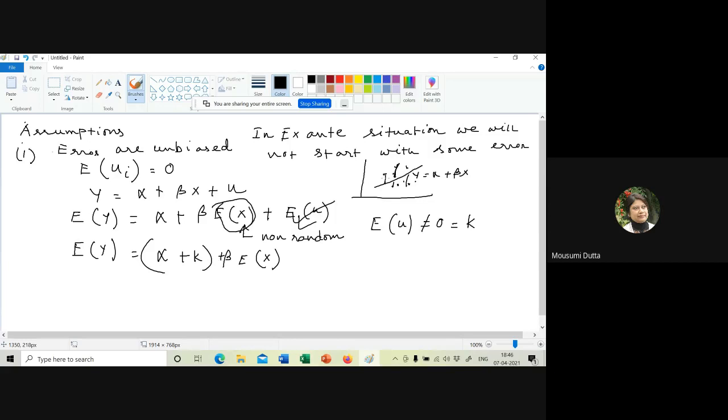So if expectation of ui is not equal to 0, then actually your scatter is non-random. It's not a random situation.